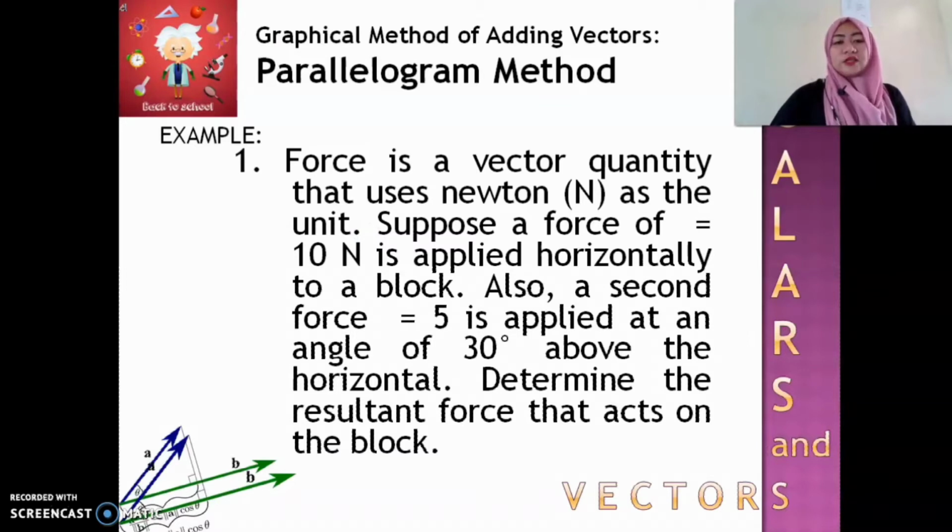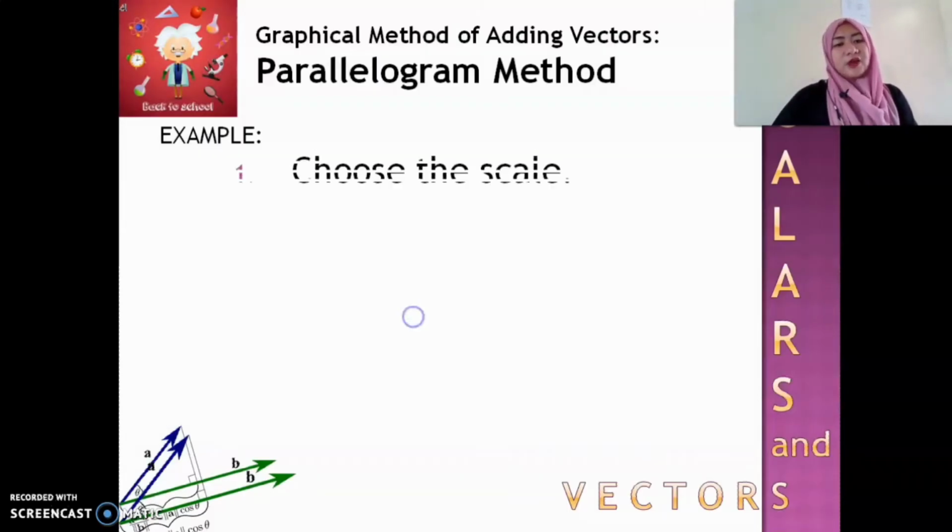For example, force is a vector quantity that uses Newton as the unit. Suppose a force of 10 Newtons is applied horizontally to a block. Also, a second force of 5 Newtons is applied at an angle of 30 degrees above the horizontal. You have to determine the resultant force that acts on the block. Let's follow the steps.